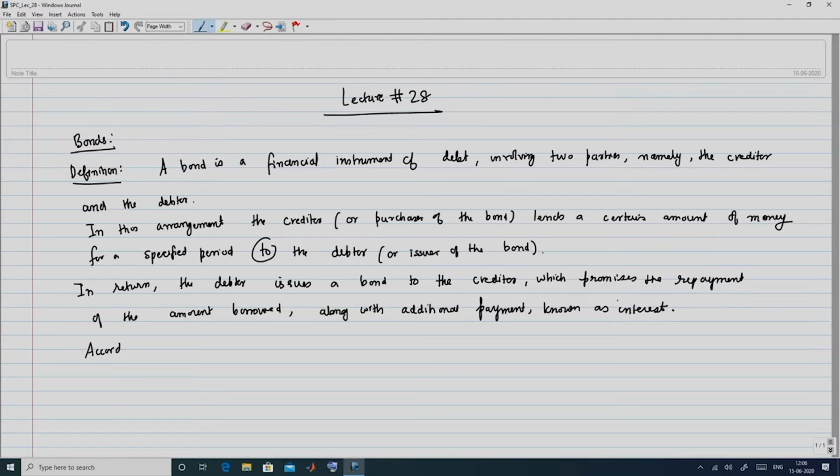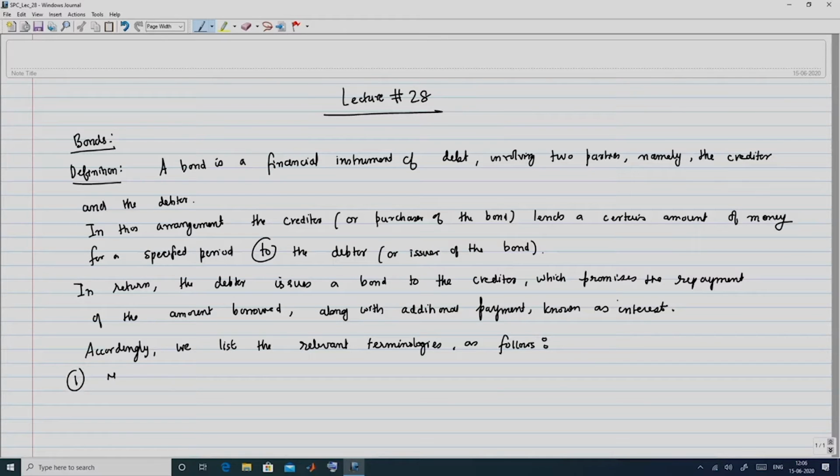So, accordingly, we list the relevant terminologies as follows.